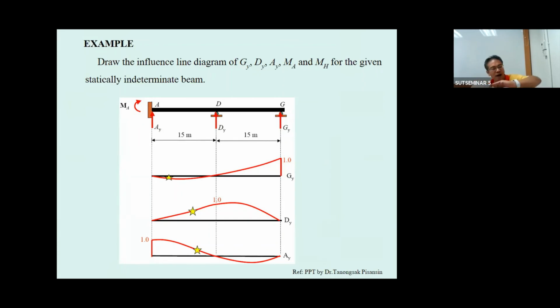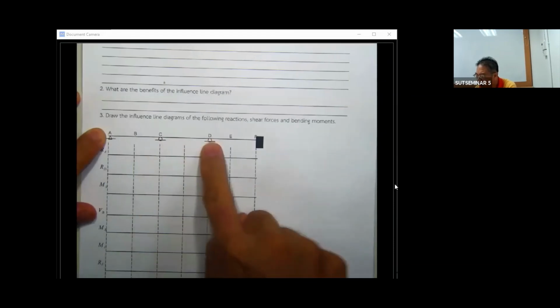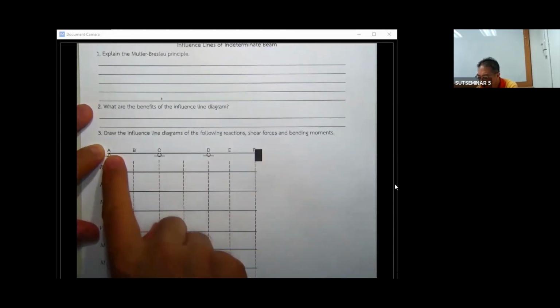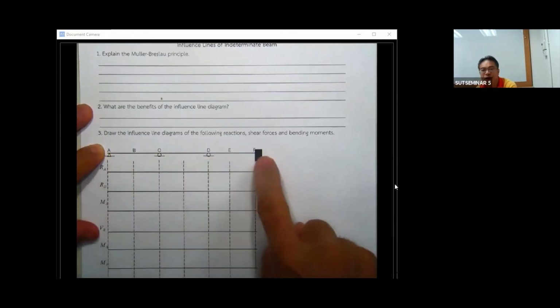I have about 10 more minutes. Let me show you how to draw the influence line diagram a little bit further. Let us move to this one. From the previous one, what we have is the pin and roller. This one, I just change into pin, roller, and fixed.